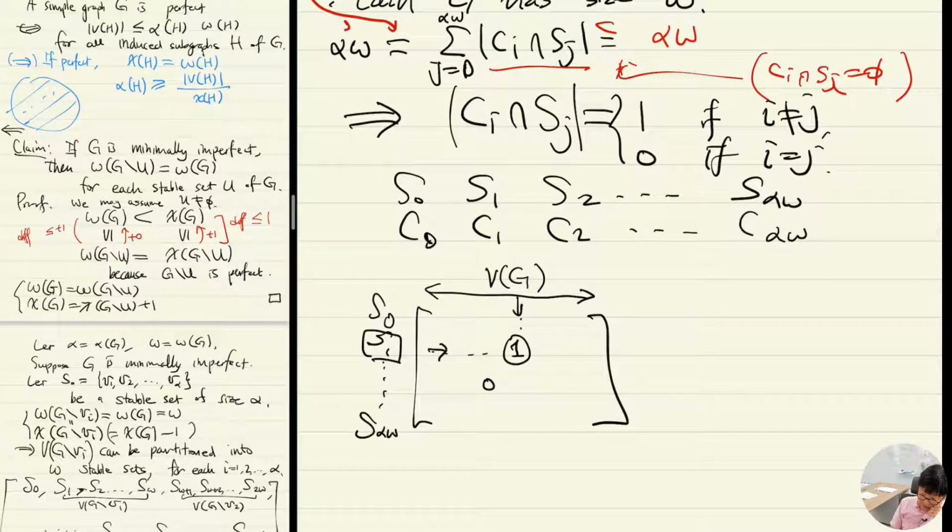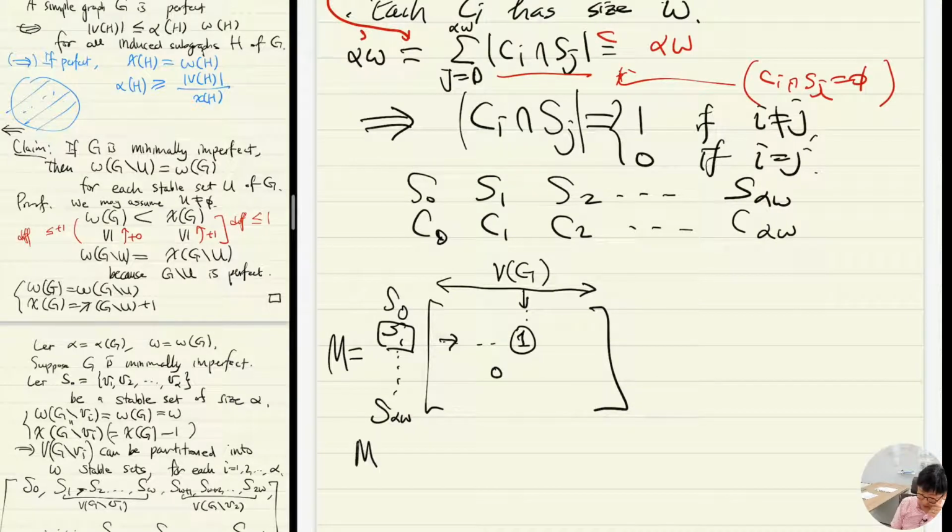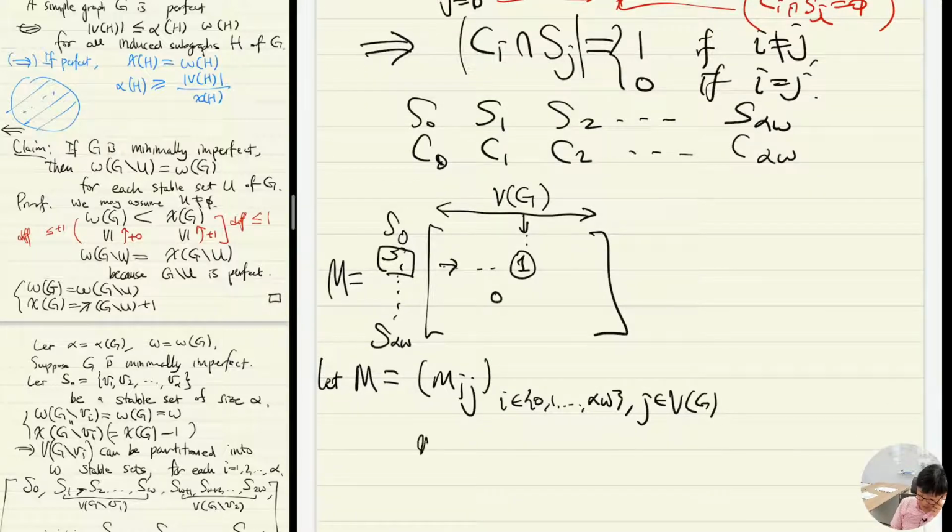So that's one matrix, let's call it M. M is a matrix Mij, where i is indexed by 0, 1 up to alpha omega, and j is indexed by vertices, and Mij is 1 if j is in Si, and otherwise it's 0.